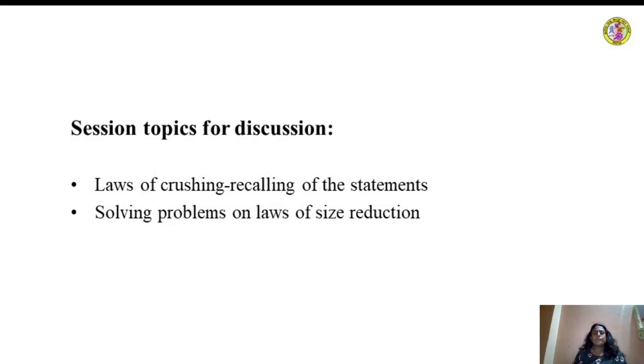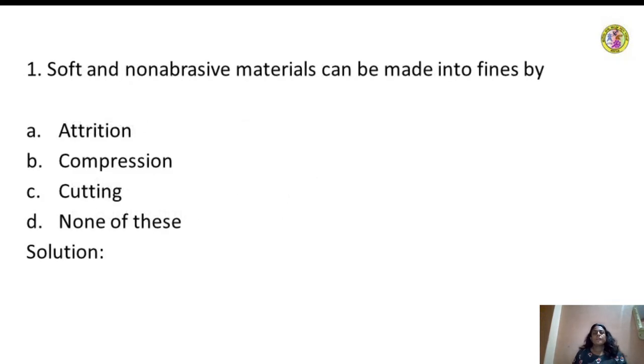Later on, we'll take up the problems and solve them using the statements of the three laws. As I told you earlier, I just want you to go through this self-assessment test in order to estimate the level of understanding among yourselves.